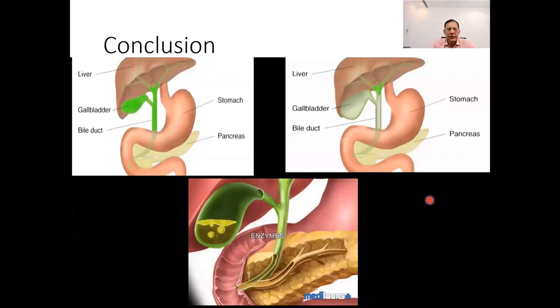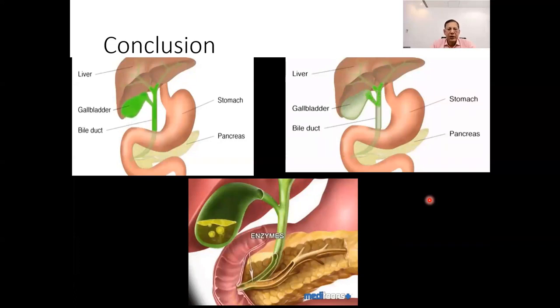And number two, this bile, which is formed in the liver, is going to go through different small and large biliary ducts and through the intrahepatic ducts, and then it goes to the cystic duct from where it enters the gallbladder. In the gallbladder, it is stored for a couple of hours until somebody takes a meal or some drink, like a cup of tea or a glass of milk.